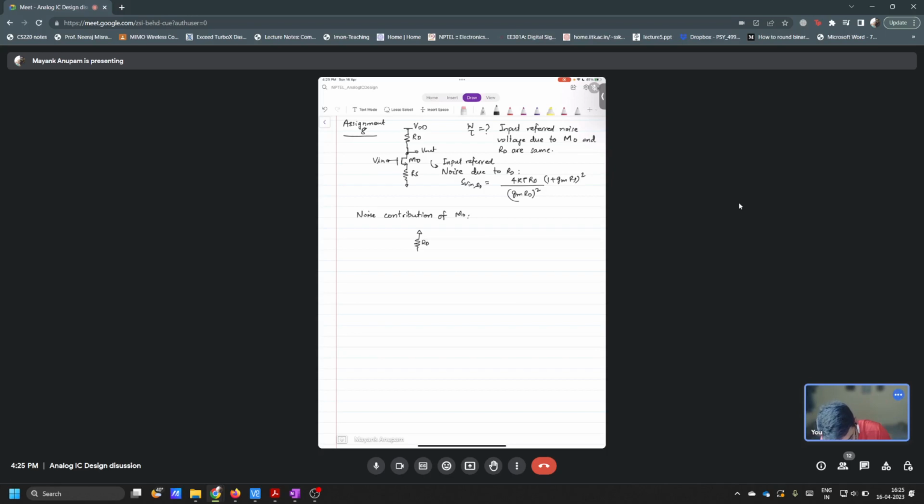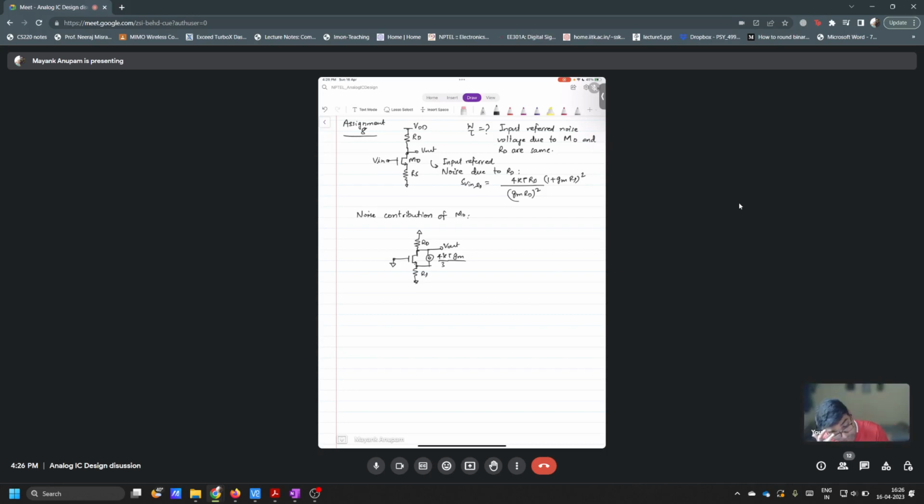So this is RD, this is the MOSFET, then this RS is also grounded here, and this is a noise source here. So let's say this is 4 kT gamma, 4 by 3 kT into gm, right? Is it correct? Yes, sir. Fine.